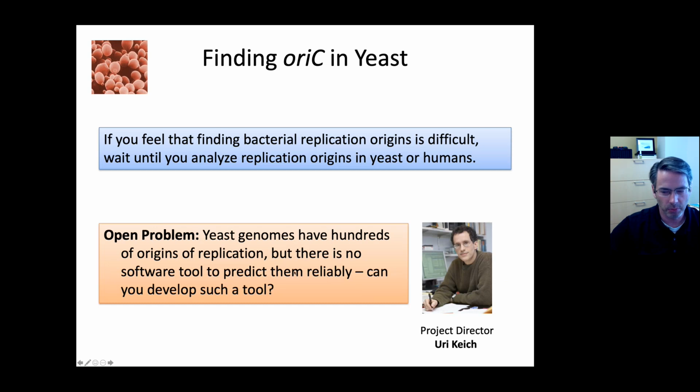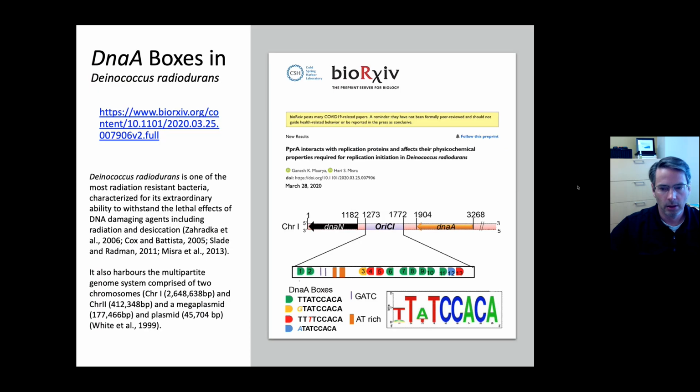I think there actually might be a software tool for this now. And there's also been technology like ChIP-seq that has become more and more common. So if you have a DnaA antibody, for example, you might be able to pull down sequences. But trying to define origins of replication is still active.